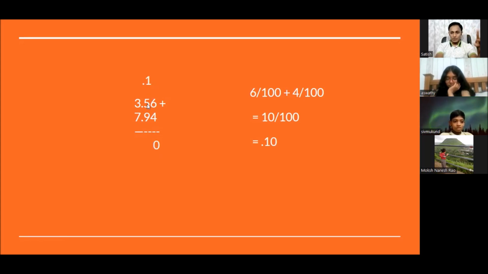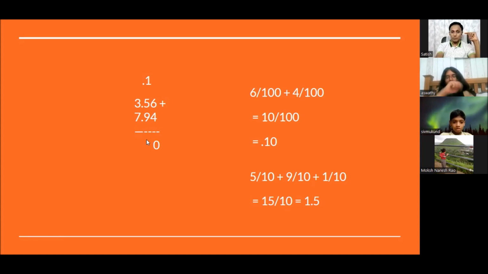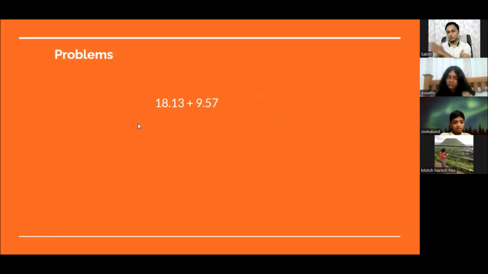Here you have to add this 1 by 10. 9 by 10 plus 5 by 10 plus 1 by 10. So you get 15 by 10. So it is 1.5. Again, only this 0.5 belongs to this, so you write 0.5. And this 1 will be next to this 3 and 1, 7. So you get like this, 11. Right. Do this problem.